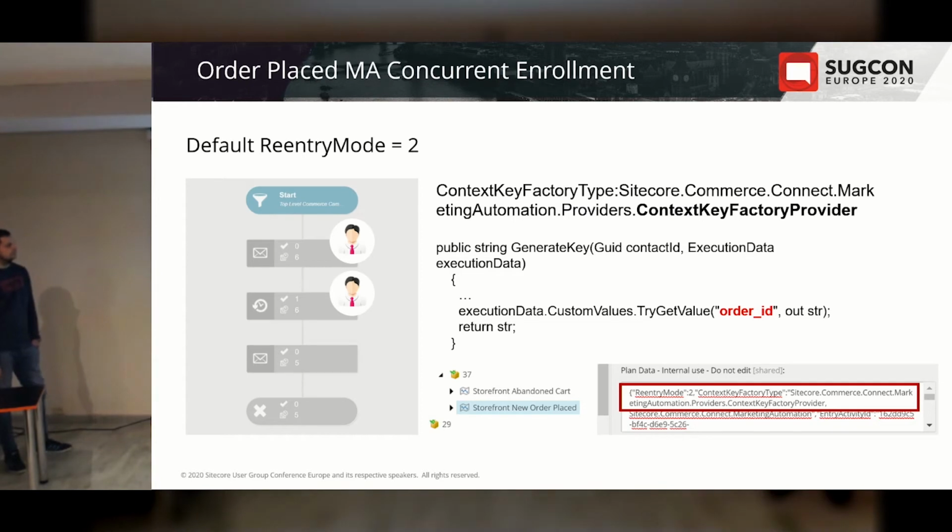What you can see is that the default implementation from Sitecore will make use of the order ID. So when the same contact is enrolled in this automation plan multiple times, the order ID will be a unique identifier for this contact. So Sitecore can still operate with the same contact enrolled multiple times concurrently.